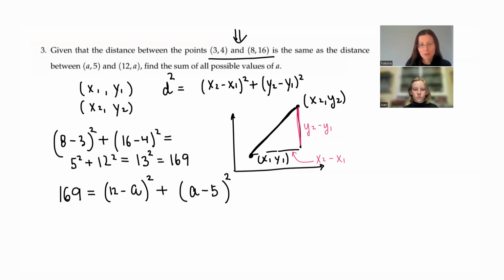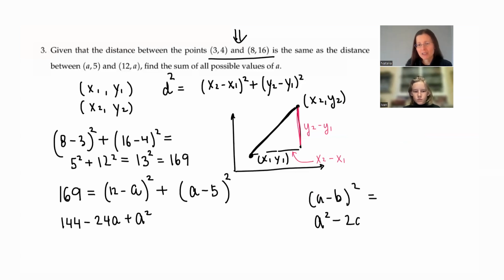Let's distribute the parentheses on the right side. We have 169 equals 144 minus 24a plus a squared. We're using the formula (a minus b) squared equals a squared minus 2ab plus b squared.